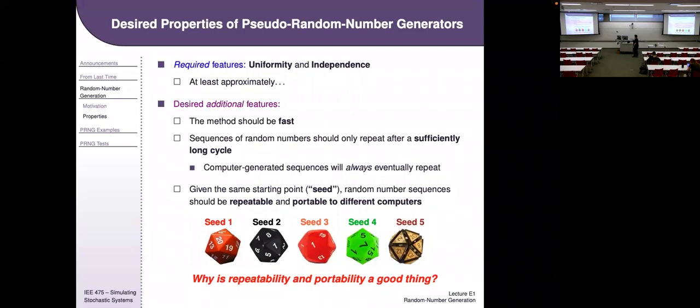So I run the sim, I get a certain performance criteria. Maybe I run it again and I get a different performance criteria, but then I want to go back and rerun that first sim again. Why might I want to do that? Any thoughts? Go ahead.